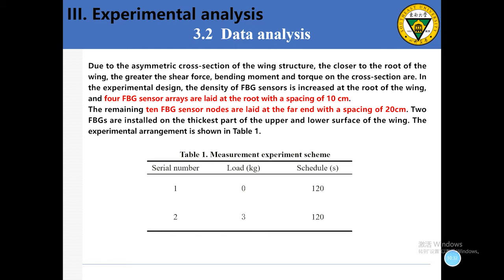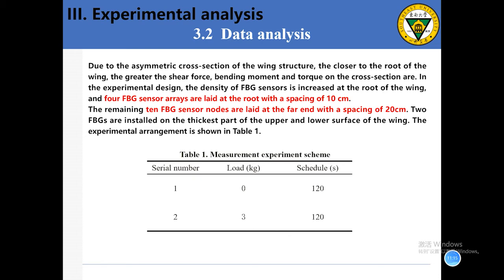In the experimental design, the density of FPG sensors is increased at the root of the wing, and 4 FPG sensor arrays are laid at the root with a spacing of 10 cm. The remaining 10 FPG sensor nodes are laid at the far end with a spacing of 20 cm.